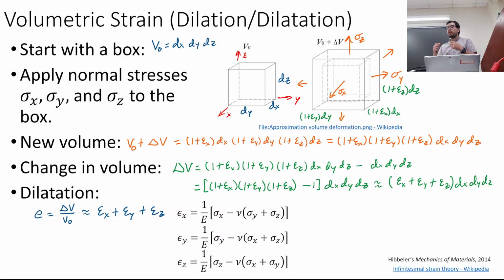If I've got a bar, and I'm just applying the stress sigma x along that bar, assuming the x direction is in the length direction of the bar, then we can say the strain is just 1 over E times that stress.